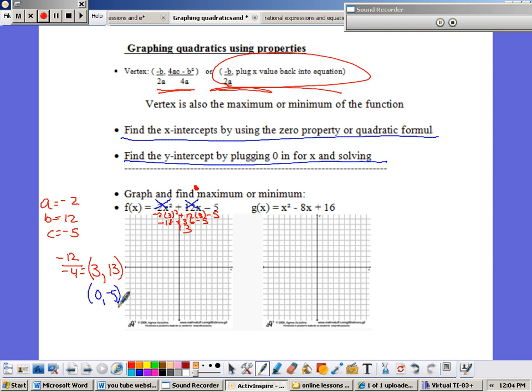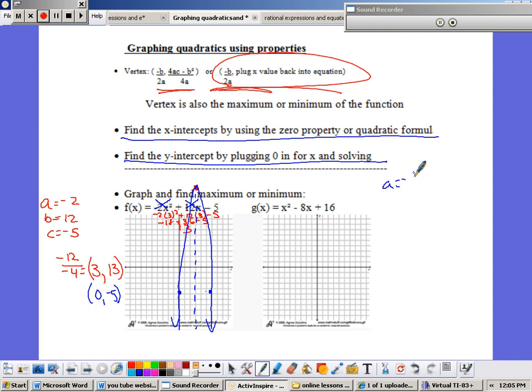So I go over to 0, down to -5, and that's a point. Because this is your line of symmetry, there will be another point on the other side exactly the same distance away. Therefore, I have enough to graph at this point. So I always go with the y-intercept first if I can.